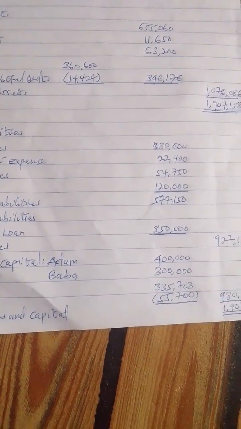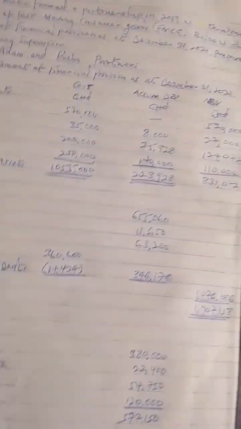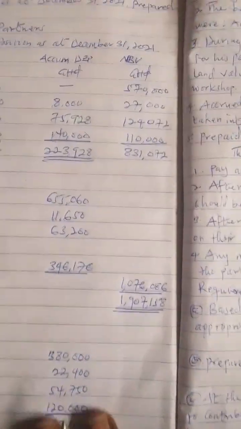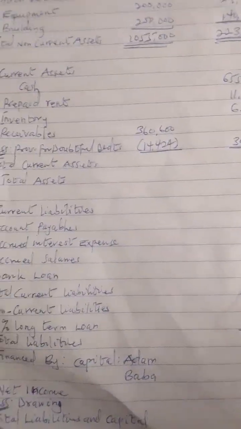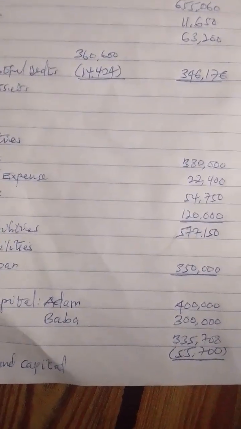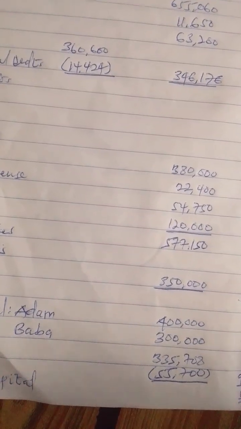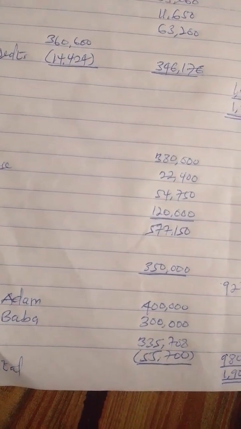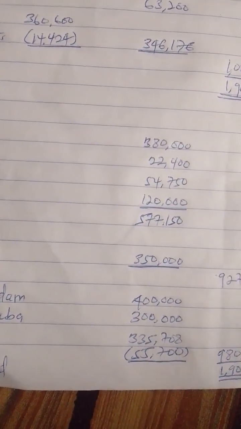So if we are doing it in ratio, it's going to be 4 is to 3. So the total ratio is going to be 7. So if you want to know each of their shares of the 68,000, we are just going to put one ratio on the total.